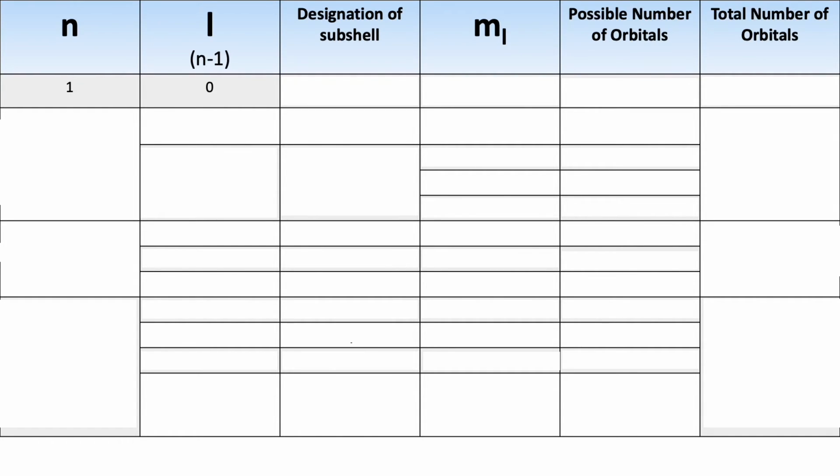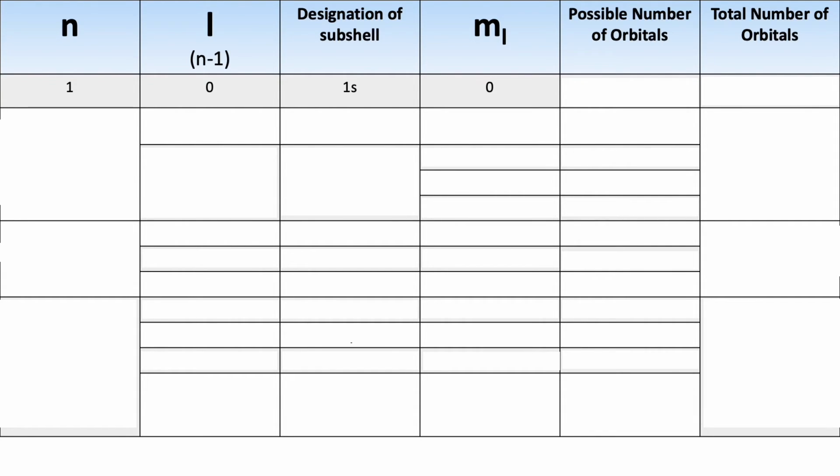So when n equals 1, L can only be 0. The 0th orbital is designated as the s orbital. This is the 1s subshell. ml could be from minus L to plus L, which again becomes 0.